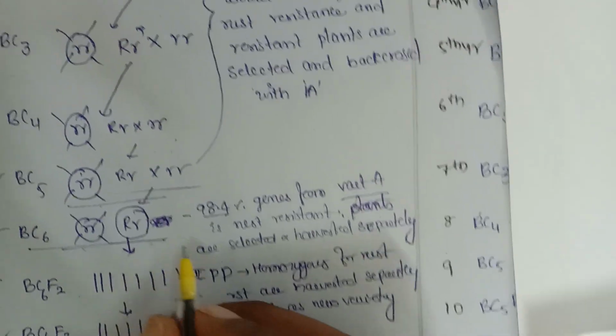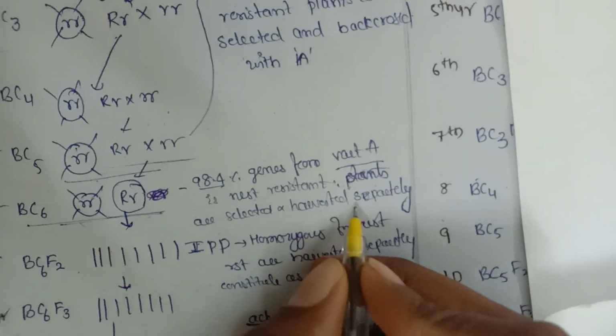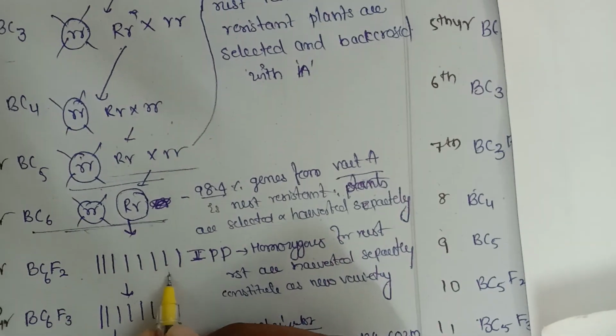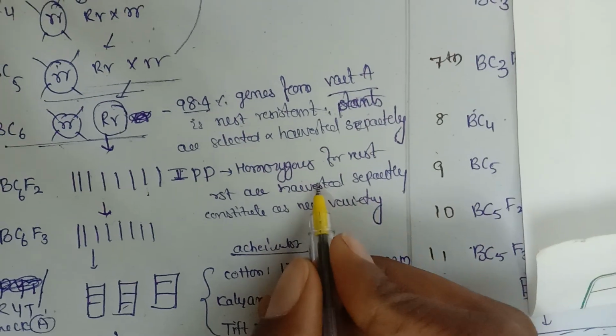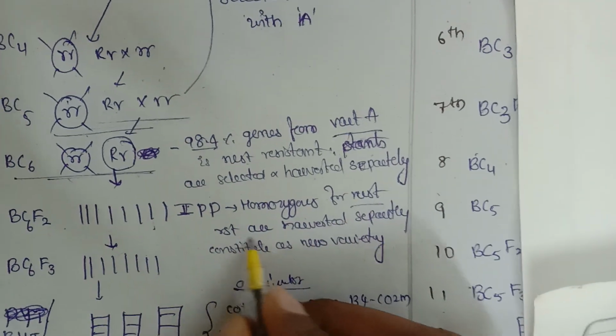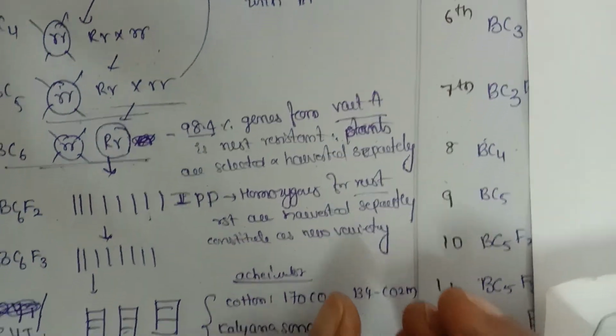So the rust resistant progeny are selected and harvested separately and grown as individual plant progeny rows, and the individual plant progeny rows which are homozygous for the rust resistance are harvested separately, and this constitutes a new variety.